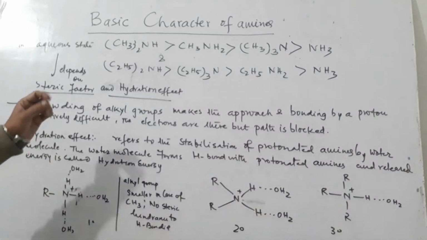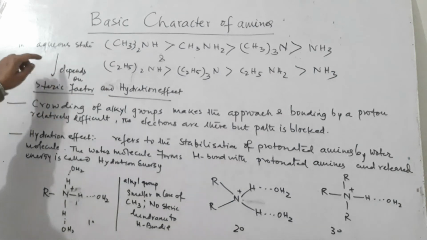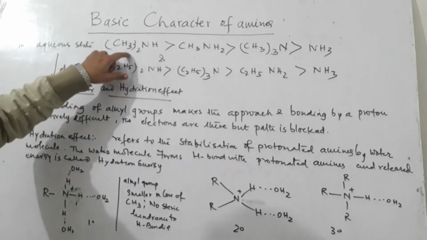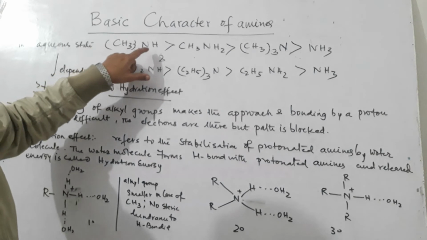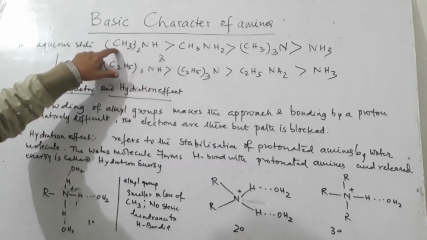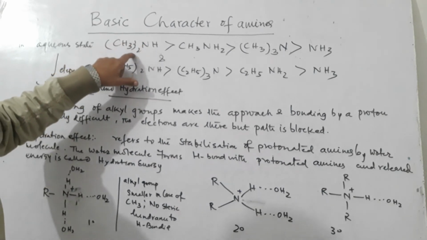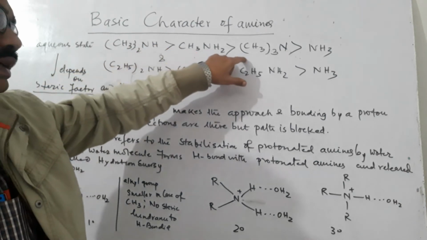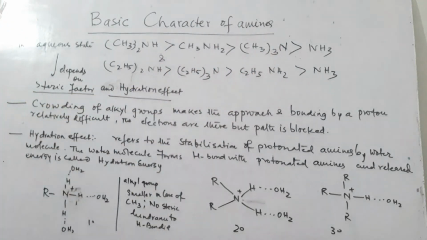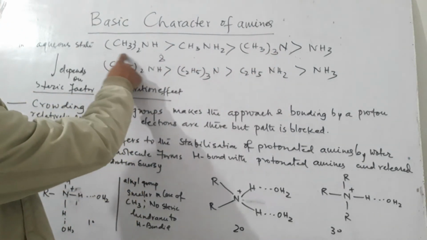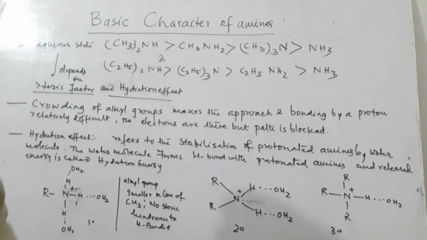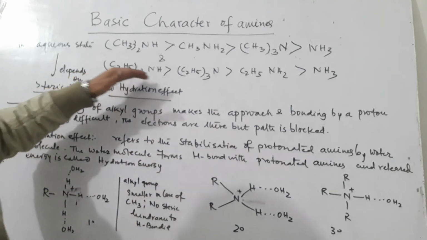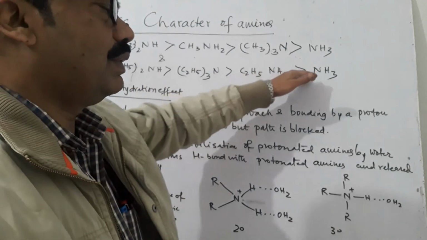देन कंटिन्यूइंग टुवर्ड्स द बेसिक कैरेक्टर, इन एक्वस स्टेट डाइमिथाइल एमीन, that means in this secondary case, secondary amine, then primary, tertiary and then ammonia. In case of methyl, lower alkyl group, but in case of other than methyl group, the order will be secondary, tertiary, primary and then ammonia.